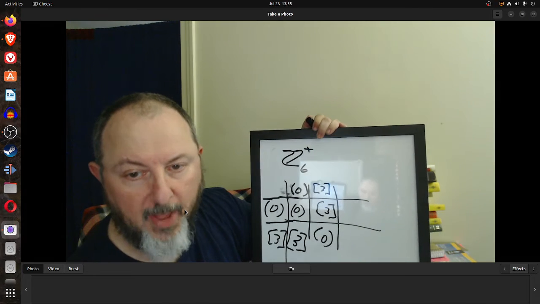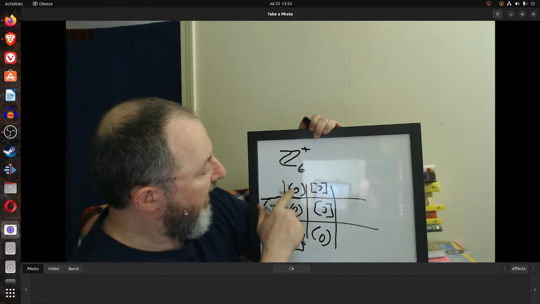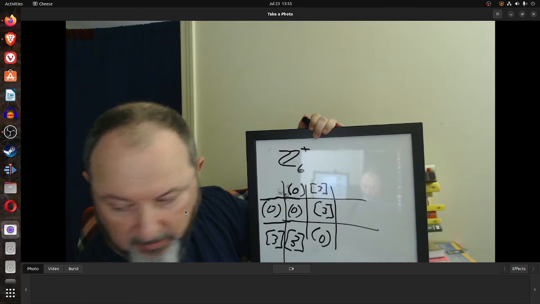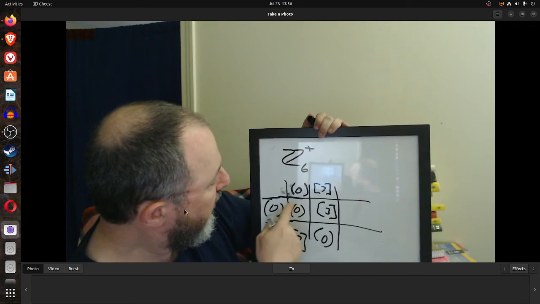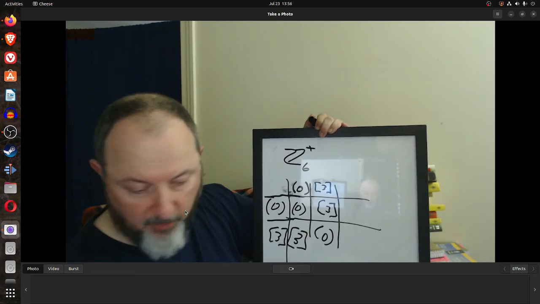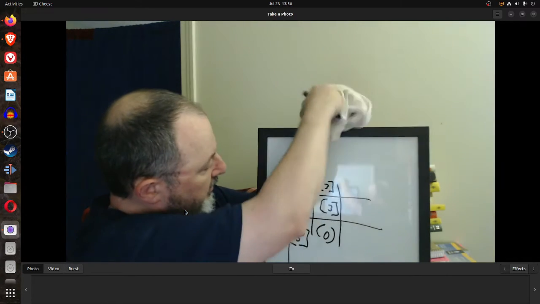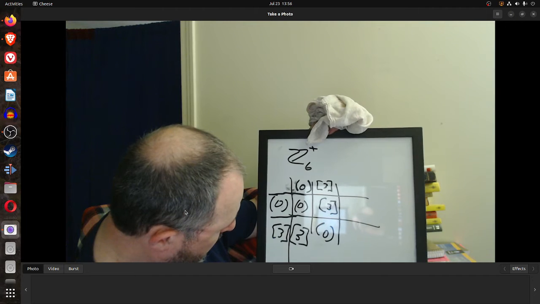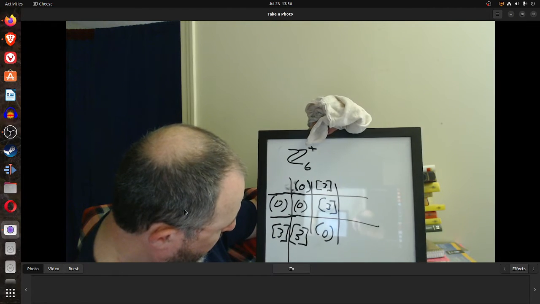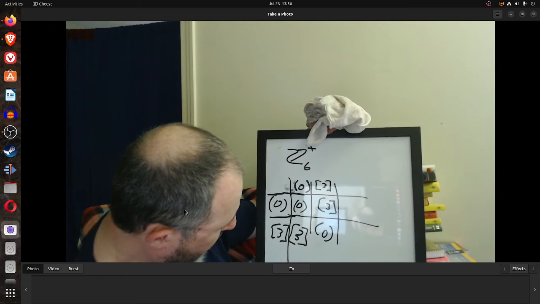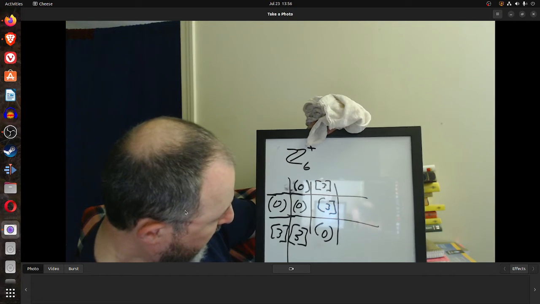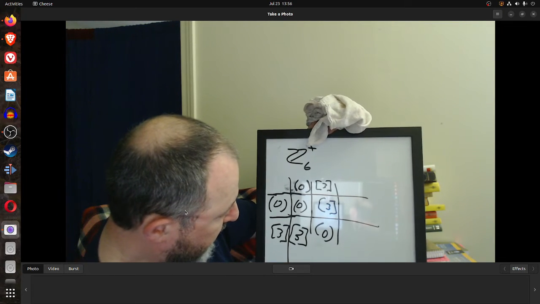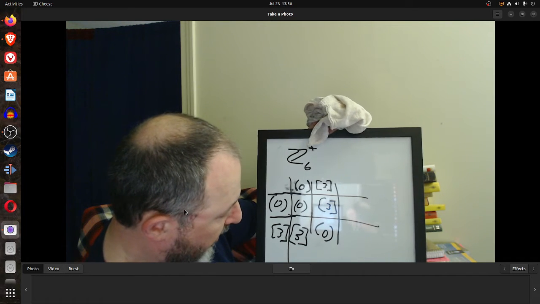So the group has two elements in it, the identity and the number 3 in Z sub 6. The group generated by the equivalence class of 3 is literally just 0 and the equivalence class for 3.